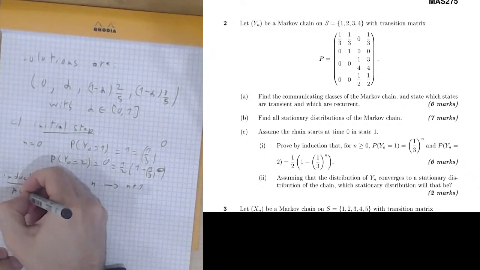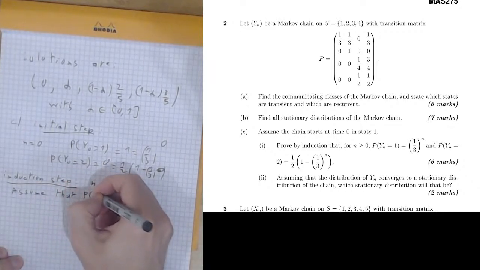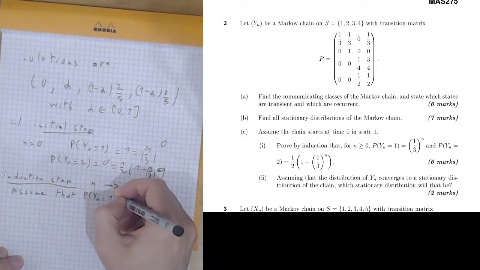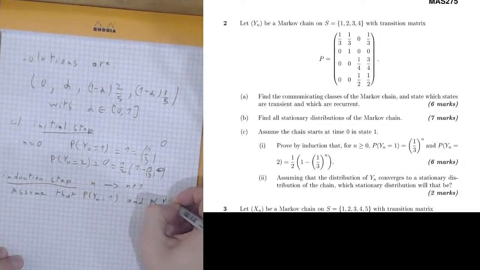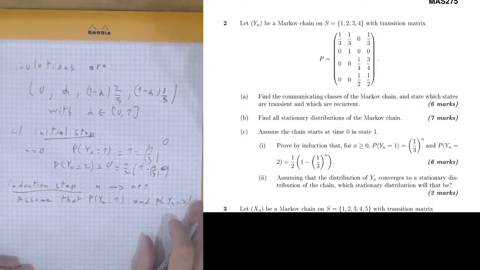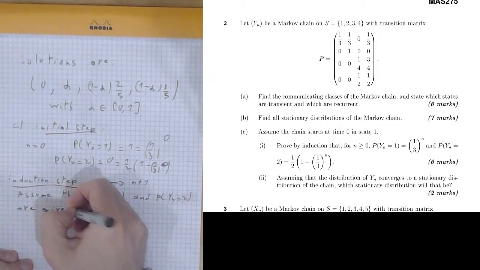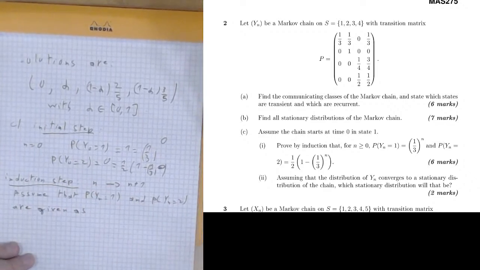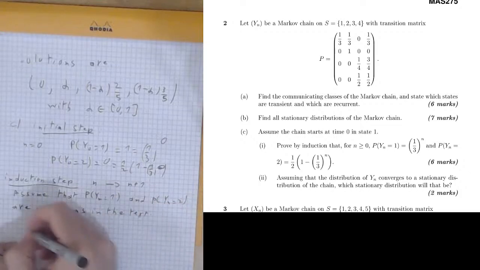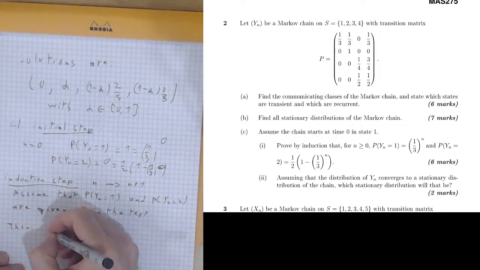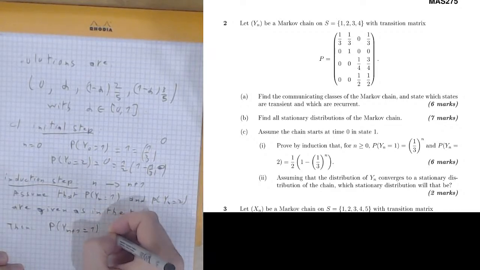So assume that p of yn equals 1 and p of yn equals 2 are given by the wanted formula. So given as in the text. Then p of yn plus 1 equals 1.